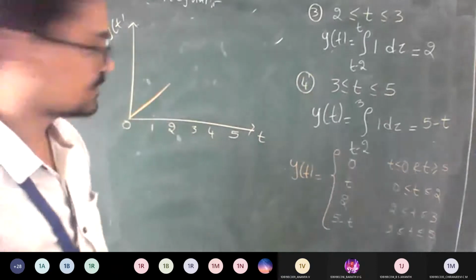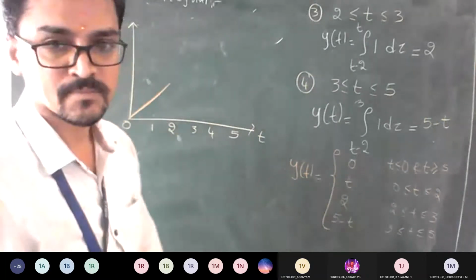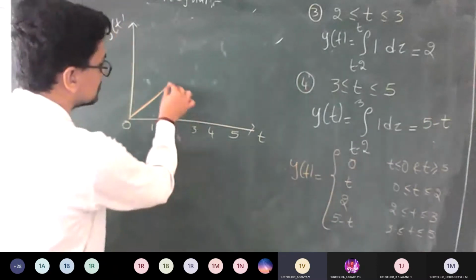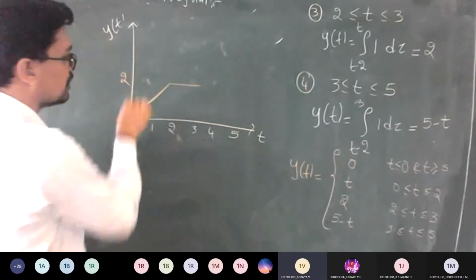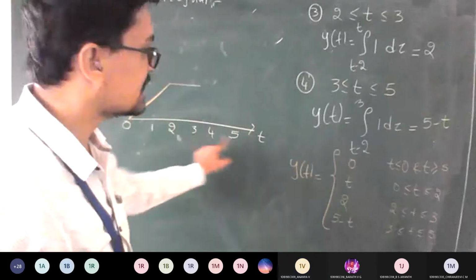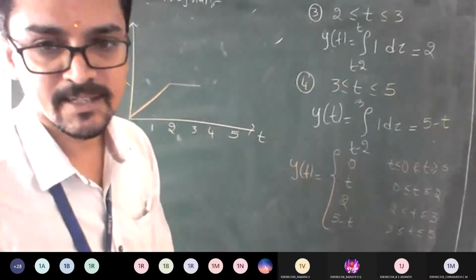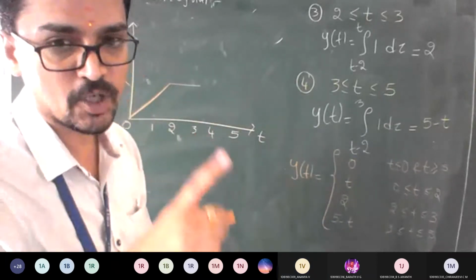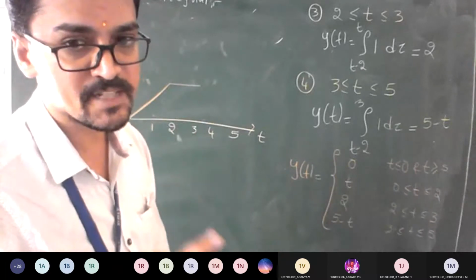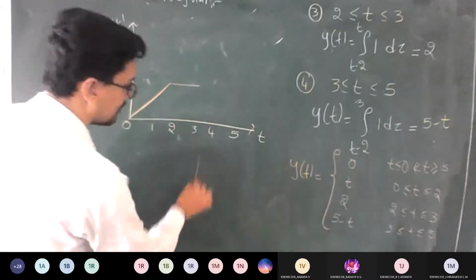Between 2 to 3, the answer is 2. 2 means constant. It should come with amplitude of 2. Yes or no? And the last category, 3 to 5, is 5 minus t. I hope everyone remembers I taught you how to plot 5 minus t. I gave you the hint, right?